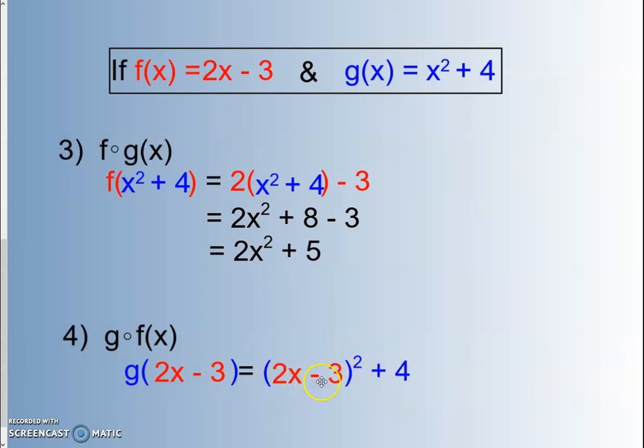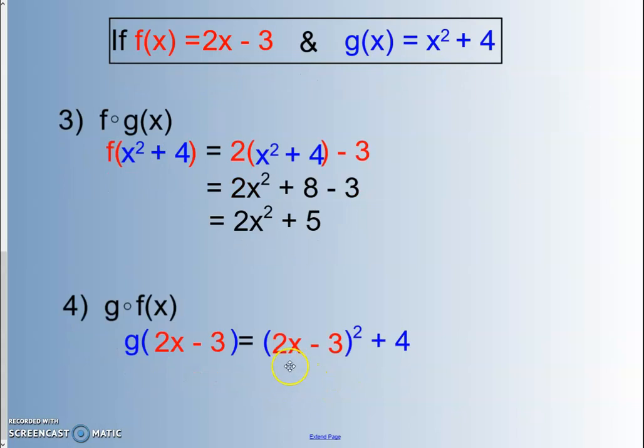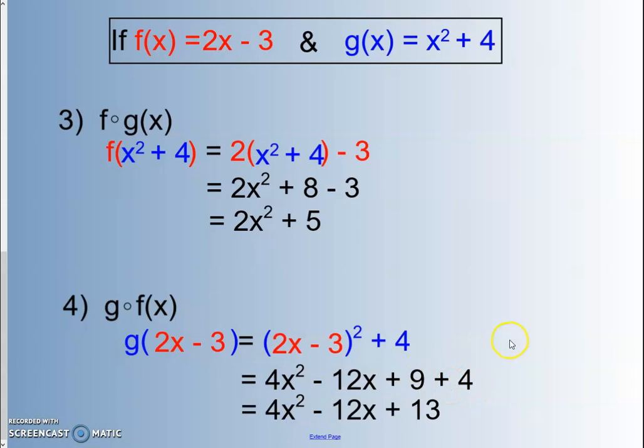Now, again, this is where students always mess this up, and it's always sad when they do it, so don't mess that up. 2x minus 3, quantity squared, 4x squared minus 12x plus 9. And don't forget we have a plus 4 at the end. And that gives us 4x squared minus 12x plus 13. Again, notice that when you change the order of f and g, we end up with 2 totally different answers. Totally different. So, composition of functions, not commutative.